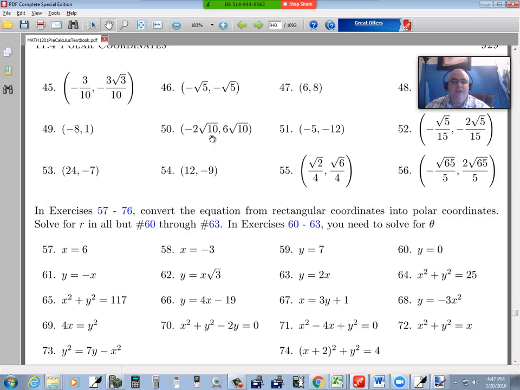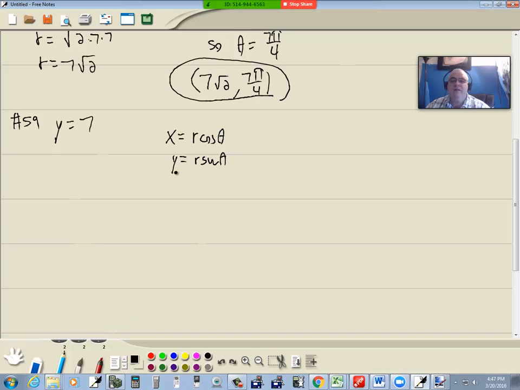And they're saying convert the equation from rectangular coordinates to polar coordinates. Solve for r in all cases. So here, we said y is equal to r sine theta, so we can replace the y with r sine theta. Now they want us to solve for r here, so we'll divide both sides by sine theta, and we get r is equal to 7 over sine theta.